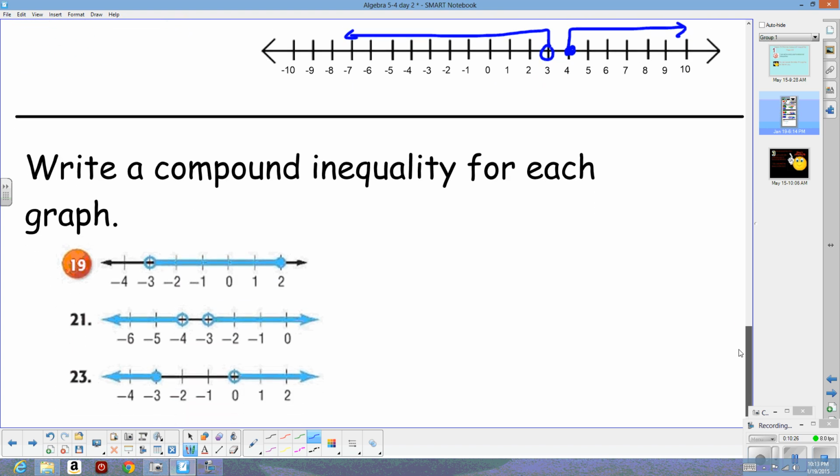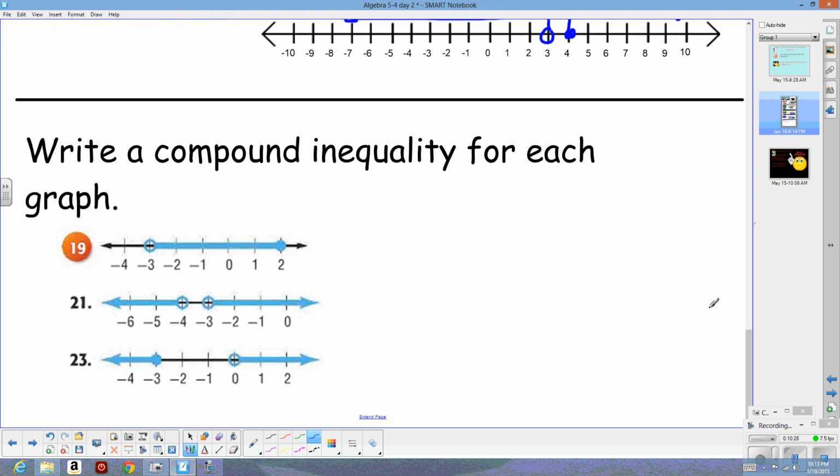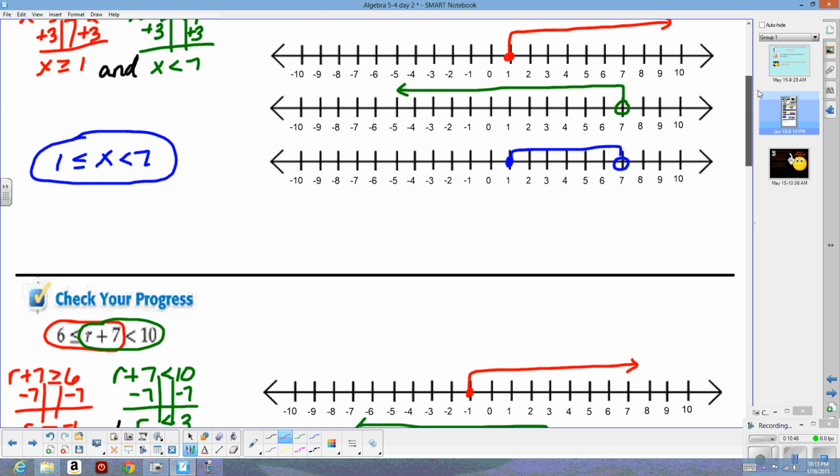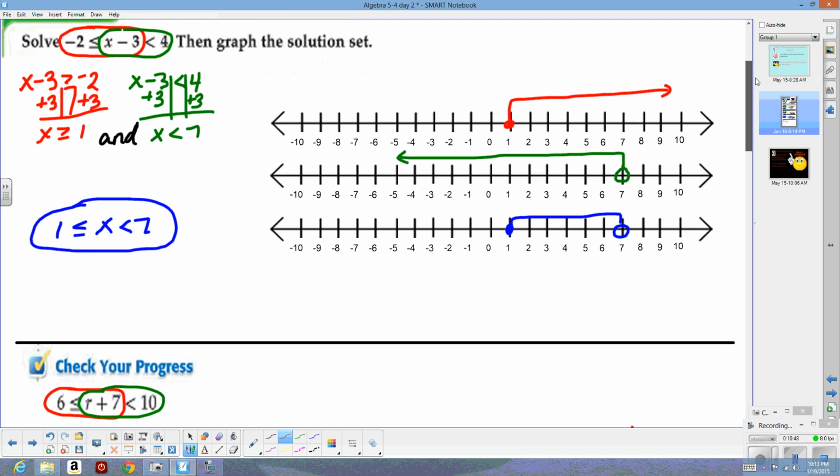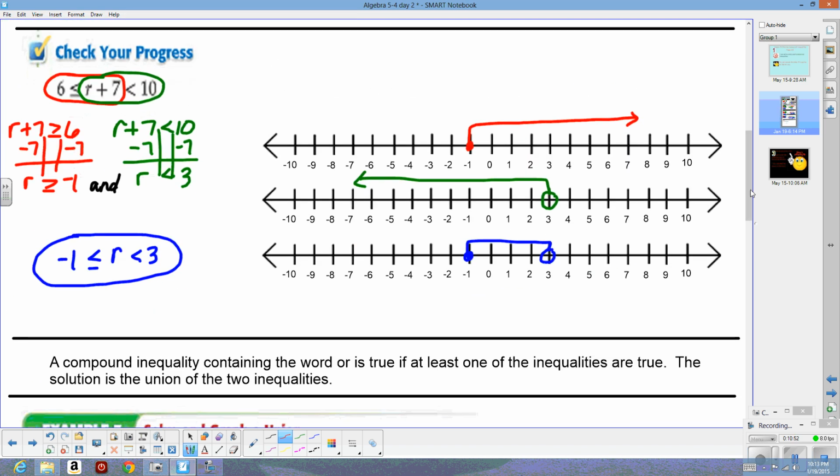Now the last thing we're going to do is just the reverse. We're going to look at a graph and we're going to write the compound inequality. So for this one right here, this is going to be one of those AND ones. Notice the AND compound inequalities are usually a chunk of the graph, like right here and right here.